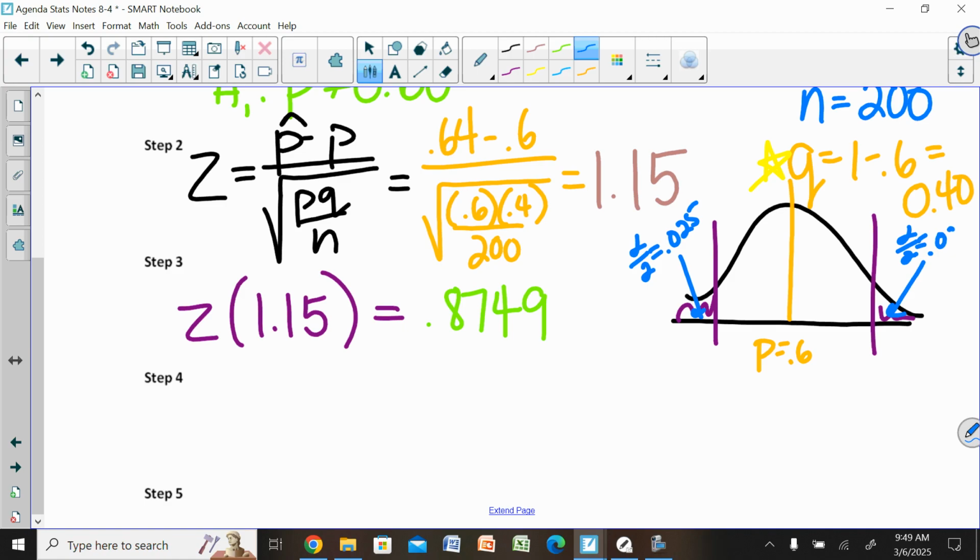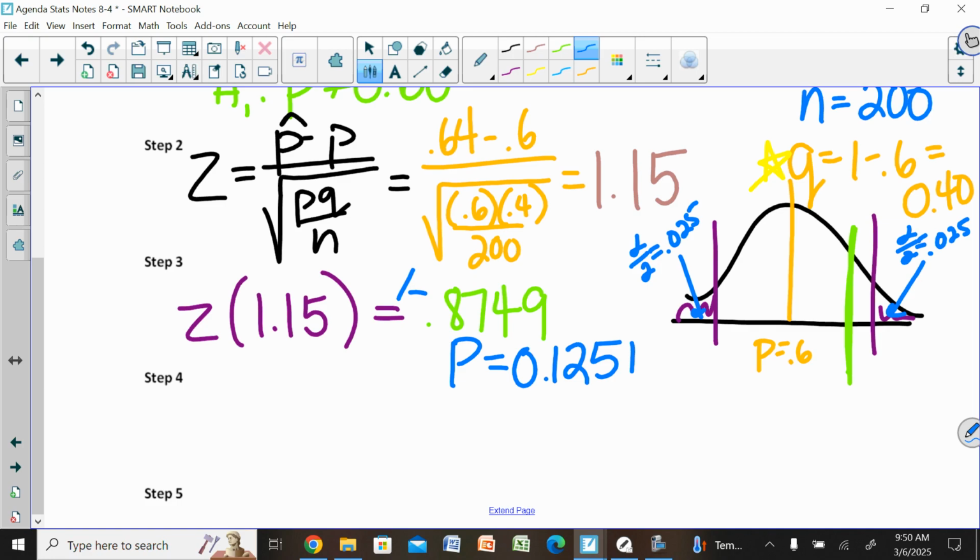Alpha over 2 equals 0.025. 0.64 is over here. I don't know how far away. I just know that it's on the right side of that proportion of 0.6. So because it's on the right-hand side, just like we did with the other stuff, I'm going to subtract that from 1. Anytime I get a positive z-score, I'm going to end up subtracting that area from 1. So that means that my P is equal to 1 minus that 0.8749, or 0.1251.